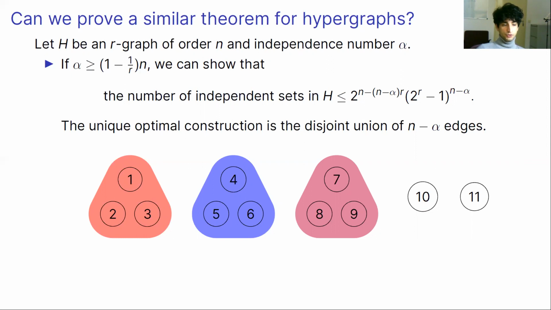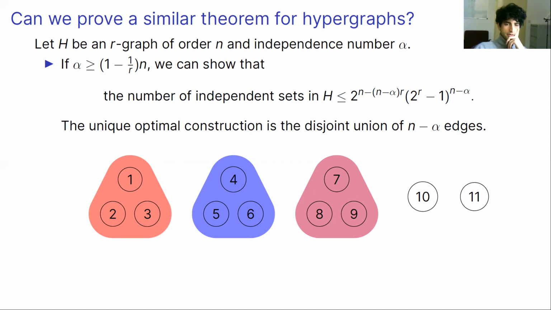So this disjoint union of edges is the unique, for the correct parameters, hypergraph which maximizes the total number of independent sets. And the proof is not difficult.